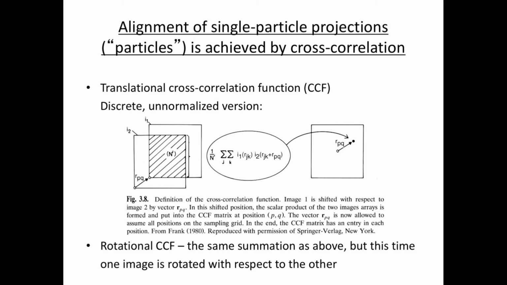So in order to do this, you can think about the following experiment. You have a light box, you have an image, one image which is a transparency, and the other one is also a transparency. Now you shift them with respect to each other in all kinds of possible positions. And for each position, you perform a cross product, which means the intensity of the light that goes all the way through.